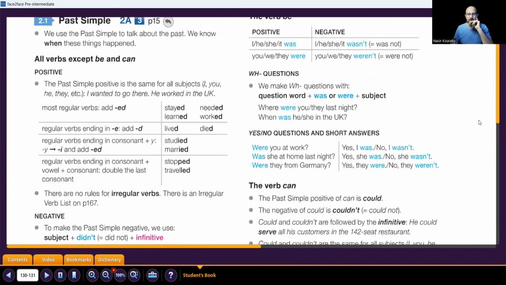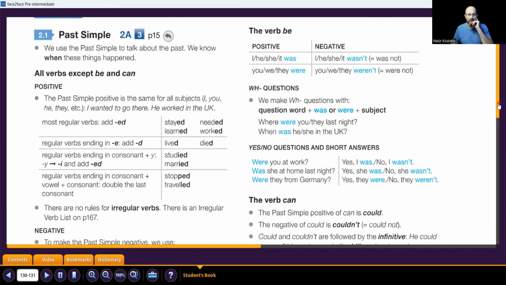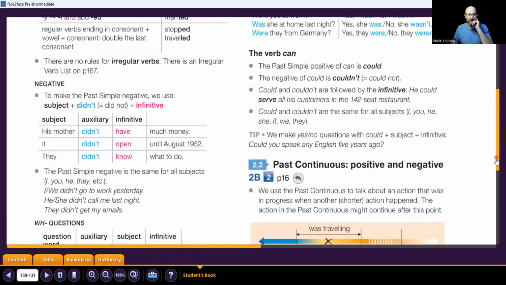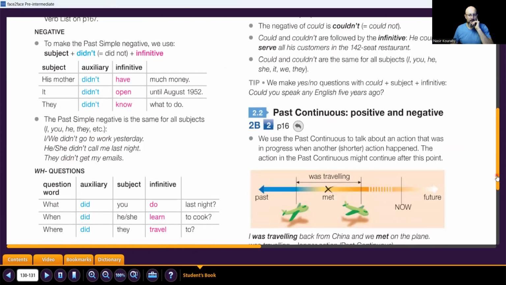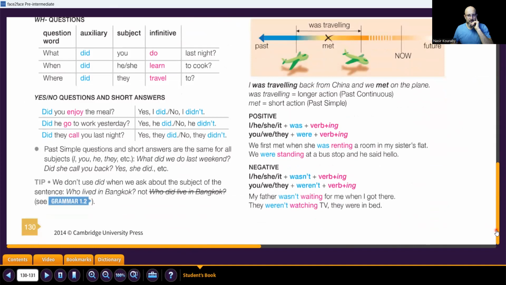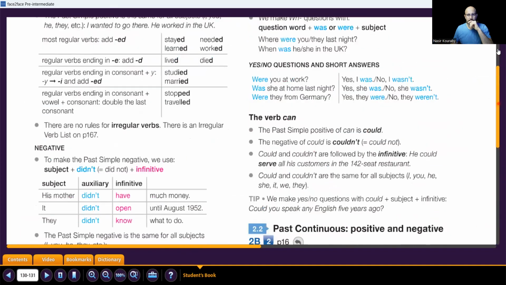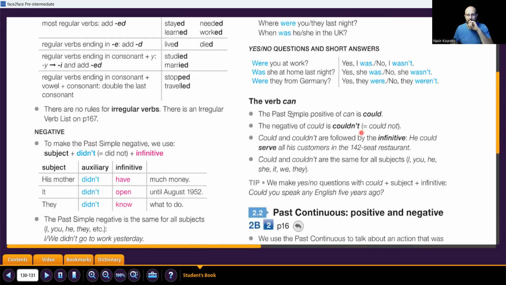We explained everything, but if you want to read more, you can stop the video and read, including the negative and the question. And here is the verb to be, how you make questions with the verb to be, and the verb can.